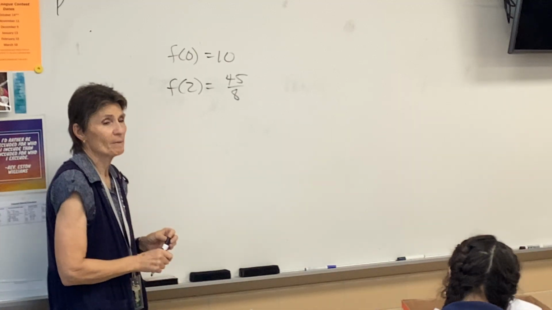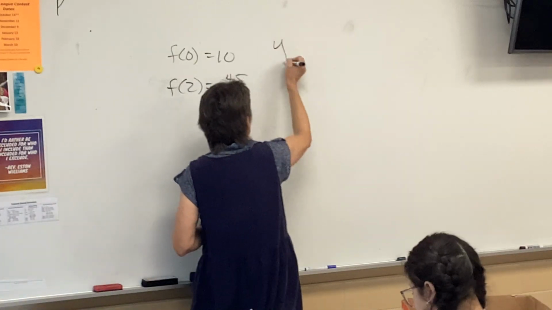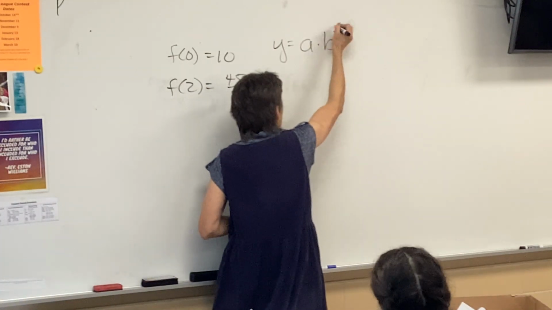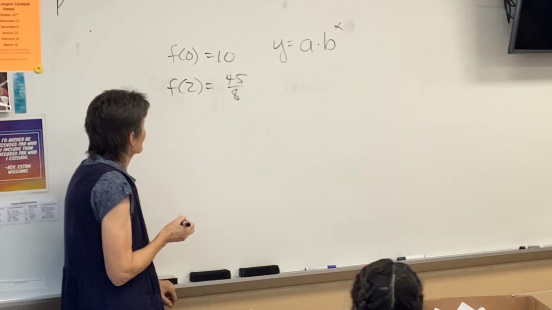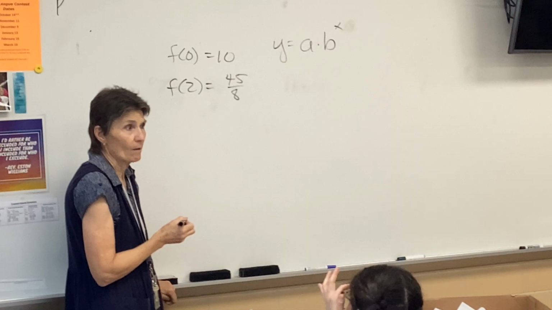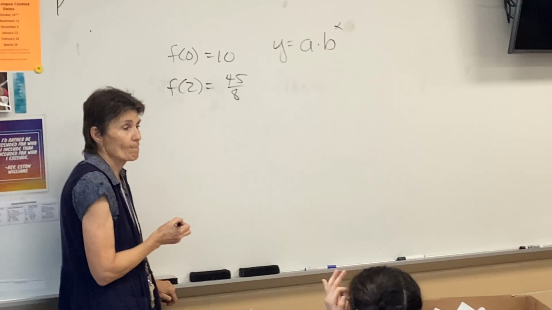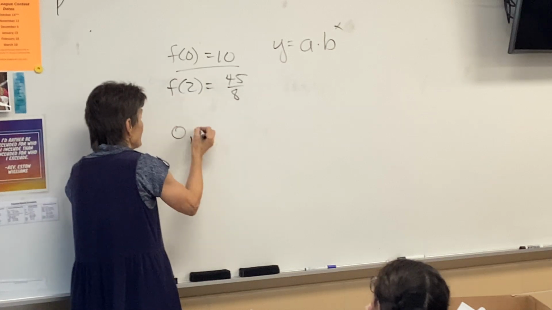What does an exponential look like? Y equals A times B to the X. Okay? When we did these, what did you talk about doing starting? Remember, that is the point 0, 10, right?